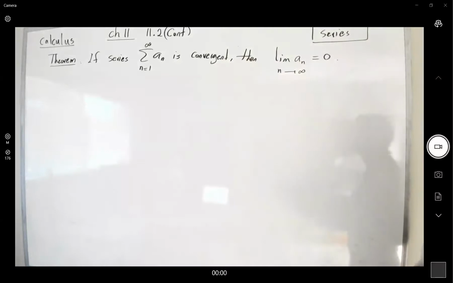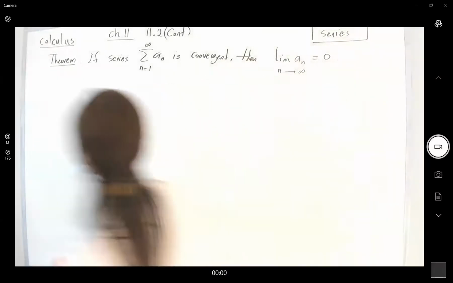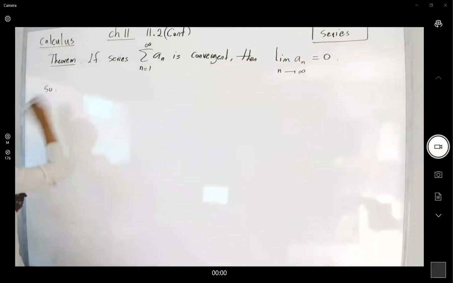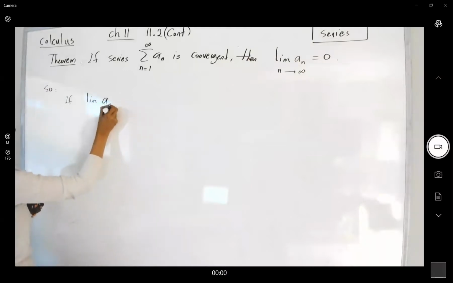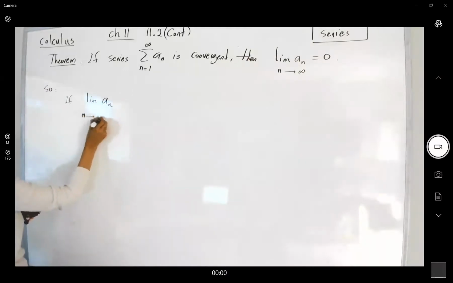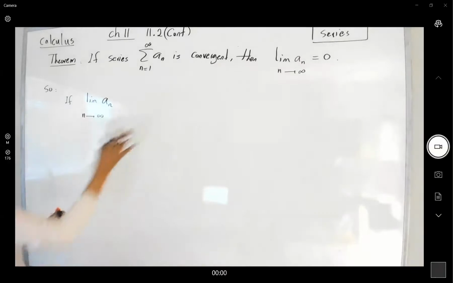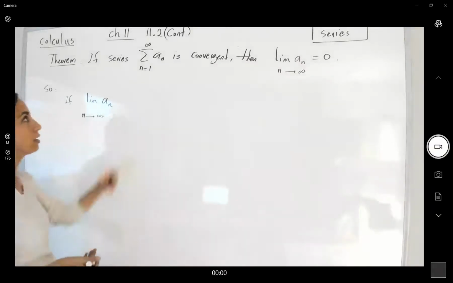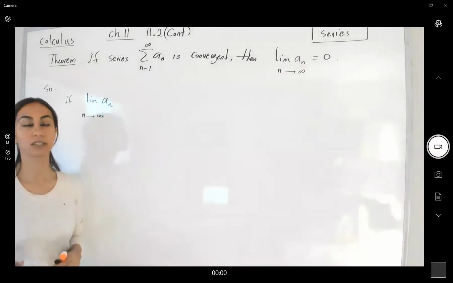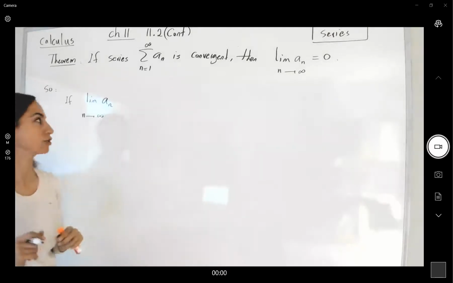Okay. For those of you who know logic, its contrapositive is: if the limit of a_n as n approaches infinity doesn't exist or is not equal to 0, then for sure you can say that your series is not convergent.